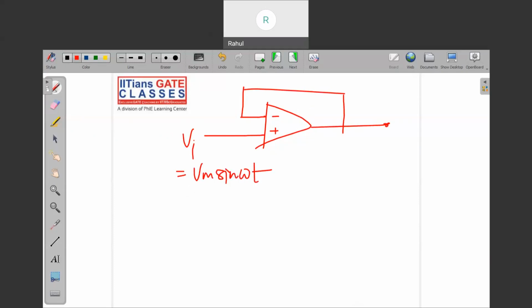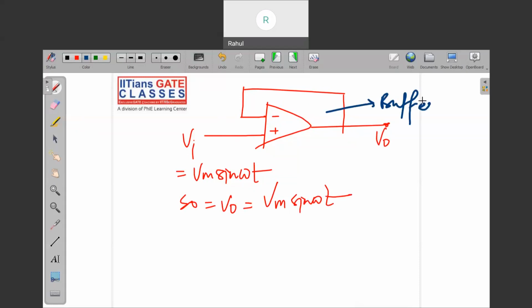So what shall be the output here? The output will be the same. V0 will be equal to Vm sine omega t only, because Vi is directly connected to V0. You can see this is just a buffer circuit, right? So V0 will be equal to Vm sine omega t.